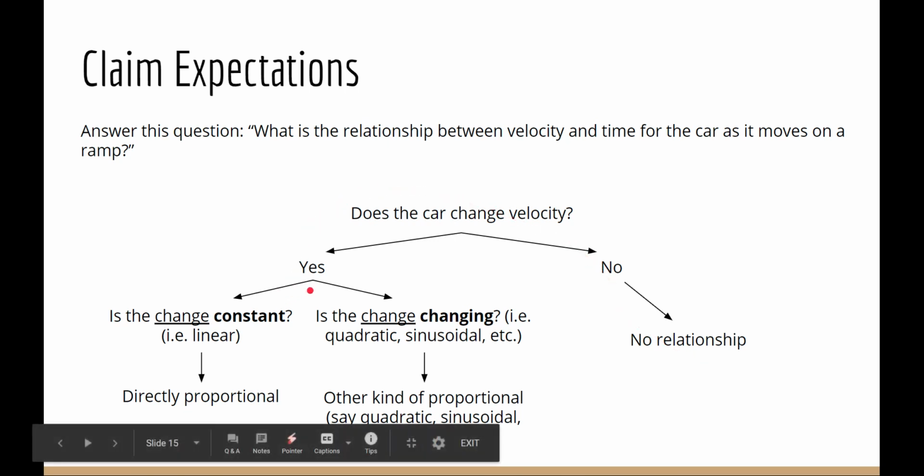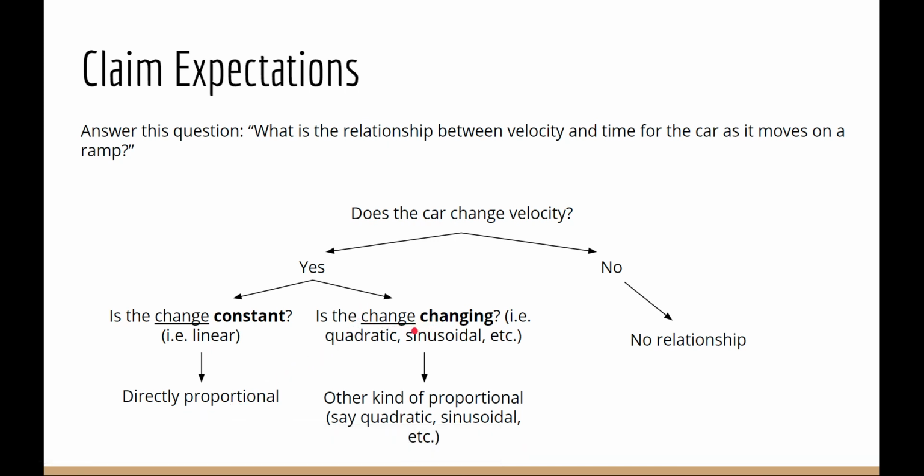If it does change, then we need to ask ourselves, is the change constant? So do we see a linear graph? This is true for any lab besides just this one. If we see a constant change, we call that directly proportional. And this is a little confusing: if we see a non-constant change, like if between the first set of values it goes up by 10, and then the next set of equally spaced values it goes up by 20, that would be a changing change.